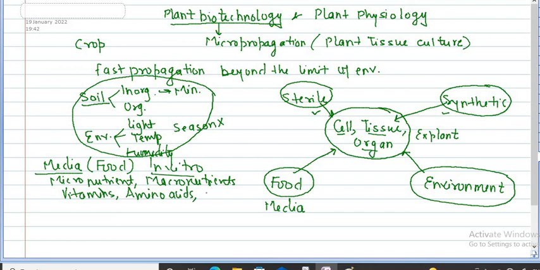We use a carbon source, especially sucrose, in that media. When we make semi-synthetic media, we also add agar. In most cases, the media we use in plant tissue culture is MS media, Murashige and Skoog media, which they used in 1962 to propagate the tobacco plant.